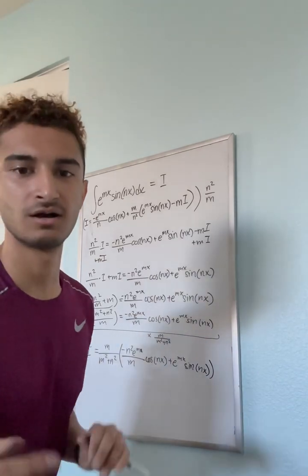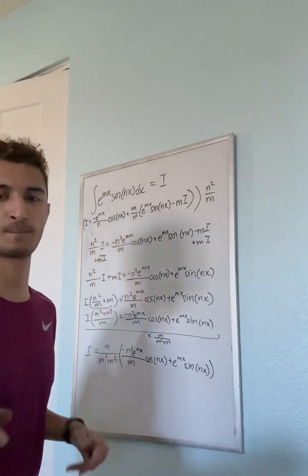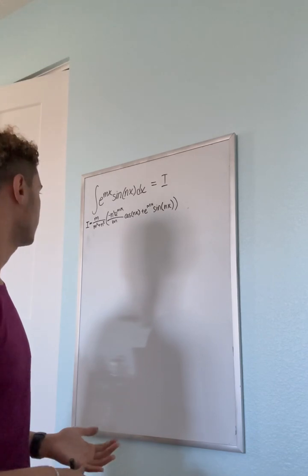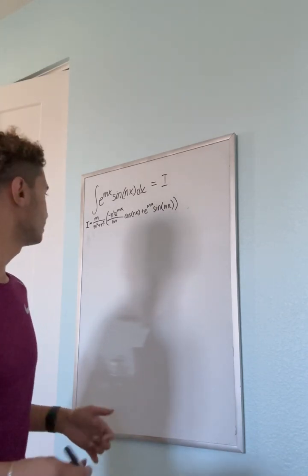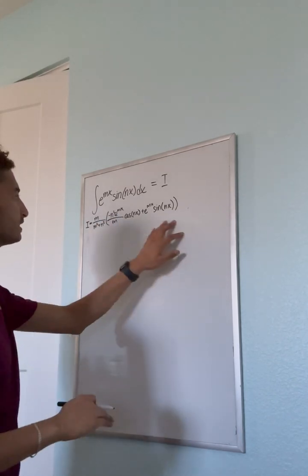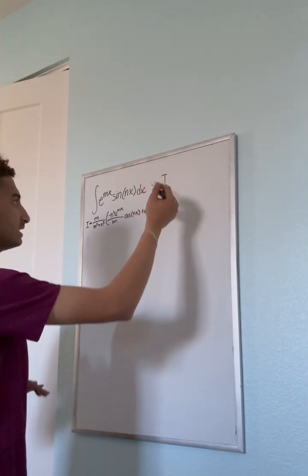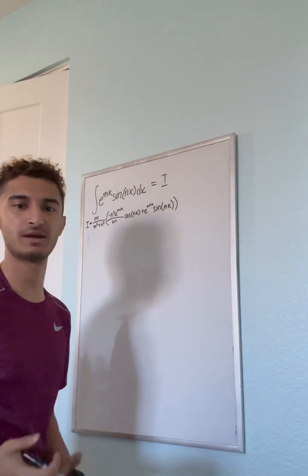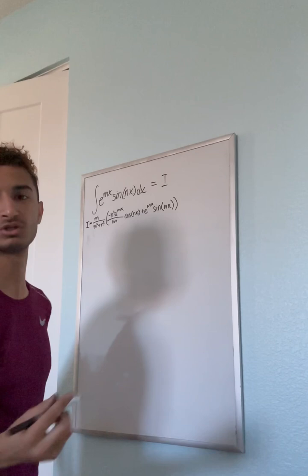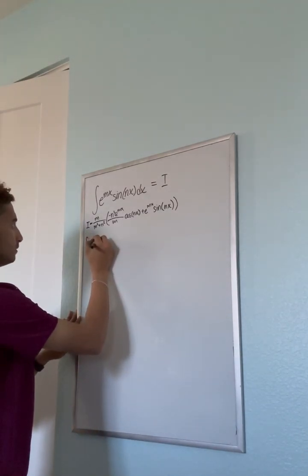Another parenthesis. Okay, I'm going to clean up the board. This is what we have so far. Okay, now we're just left with this. You could see that we have I on one side and we have everything else on the other side with no I's. And you can see that we let the integral of e to the power of mx times sine of nx be equal to I. So this I, we can replace it with this.